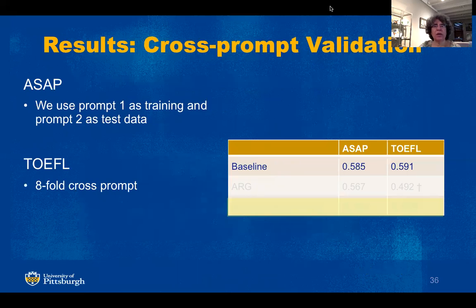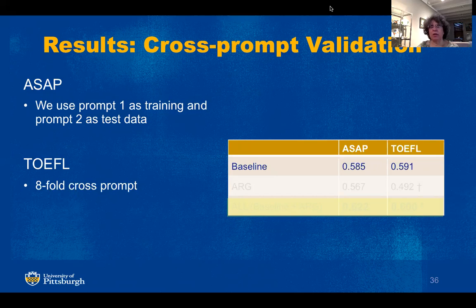We also looked at the same experiment, but in a more difficult cross-prompt setting, where instead of training and testing each prompt using data from only that prompt, we now, for example, in the Kaggle data, use prompt 1 to train and test on prompt 2, and for TOEFL, we use 7 prompts to train and test on 8. And we thought that argumentation would be particularly valuable in this domain because the lexical variation is much greater between the training and test data.